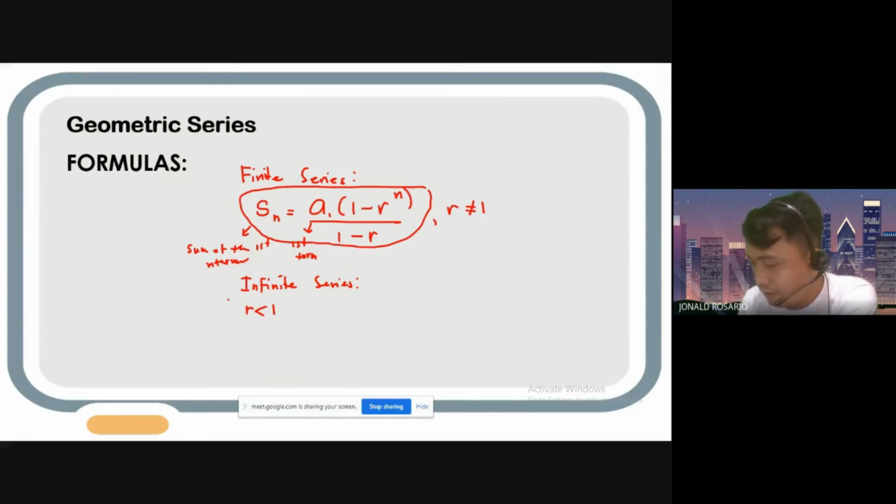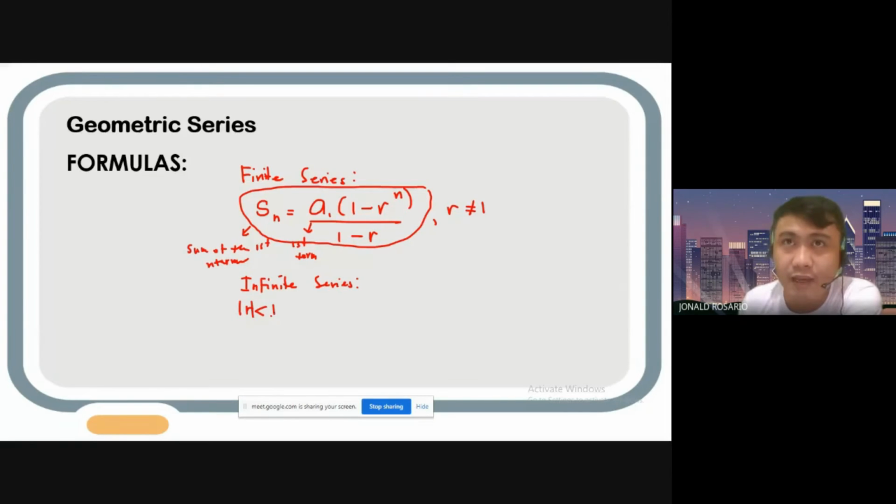Or the absolute value of our R ay less than 1, ano yung mga values na ganito? Of course, absolute value, dapat yung ating mga common ratios ay positive kasi naka-absolute value. Okay? Pag in-absolute value daw natin ay positive, dapat less than 1.